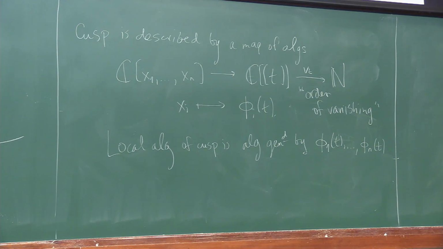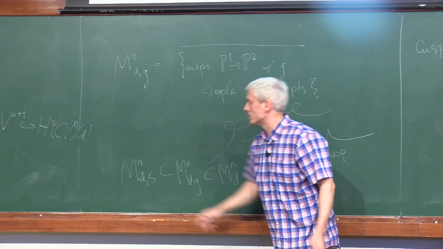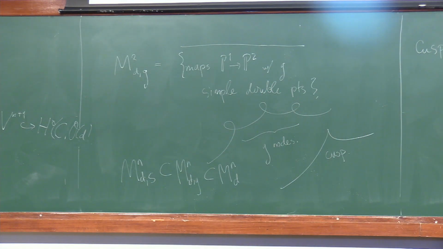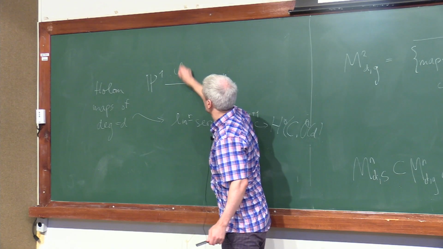And now the idea is that imposing that maps have cusps of particular value semigroup S is going to impose conditions on the coefficients of the maps from P1 to Pn, these maps phi, right?